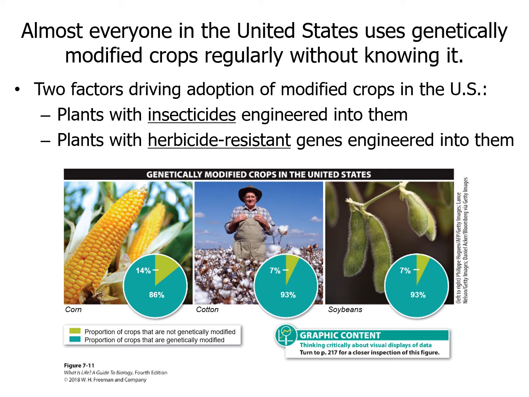include plants with insecticides engineered into them and plants with herbicide-resistant genes engineered into them. These are interesting factors because insecticides are going to keep insects from consuming these crops, and herbicide-resistant genes are going to help with crops being treated with herbicides in order to kill the weeds out of the fields.